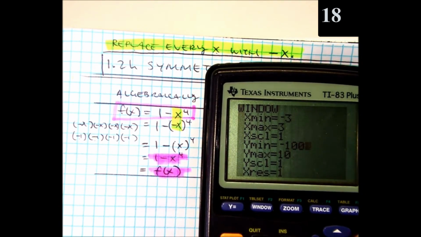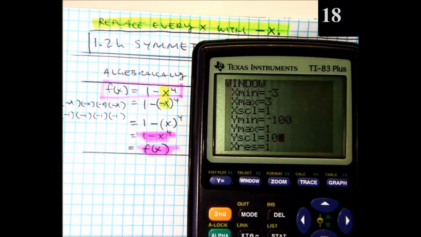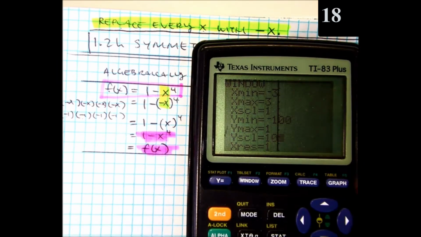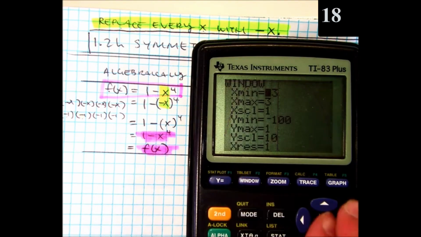Let's do a -100 here. Y max, 1, count by tens. Press graph. Didn't go high enough. Let's go Y max.